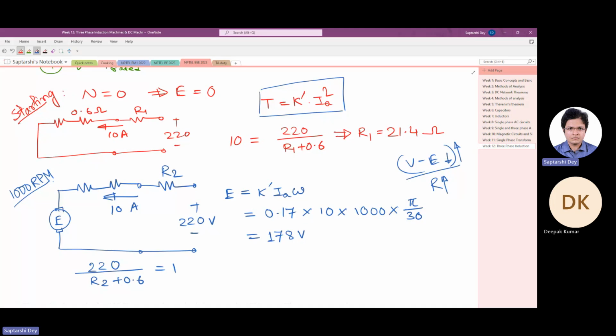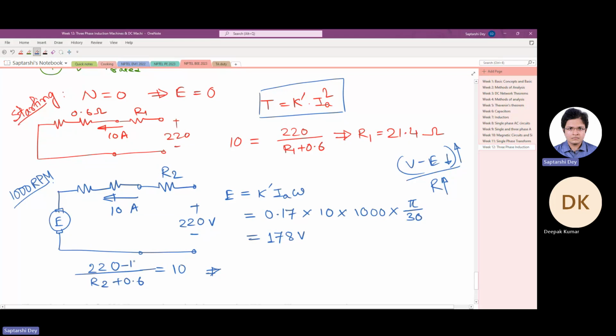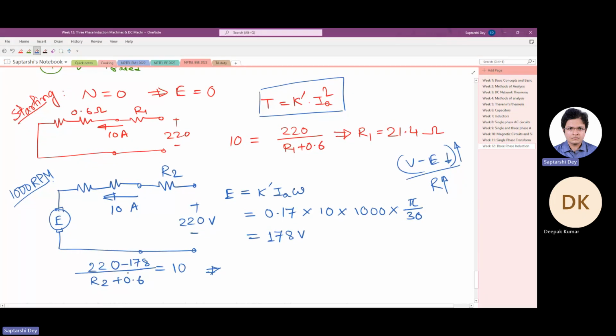So this is 10. No, this is 220 minus E, right? 220 minus 178. So it becomes here 22 by 10, 2.2.